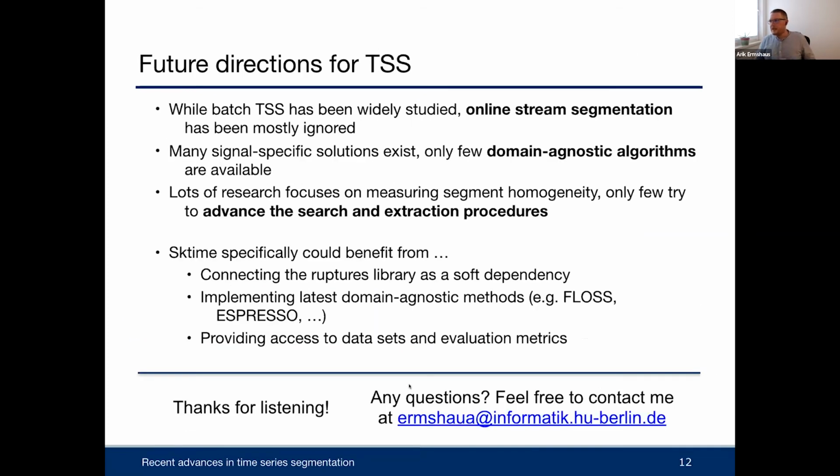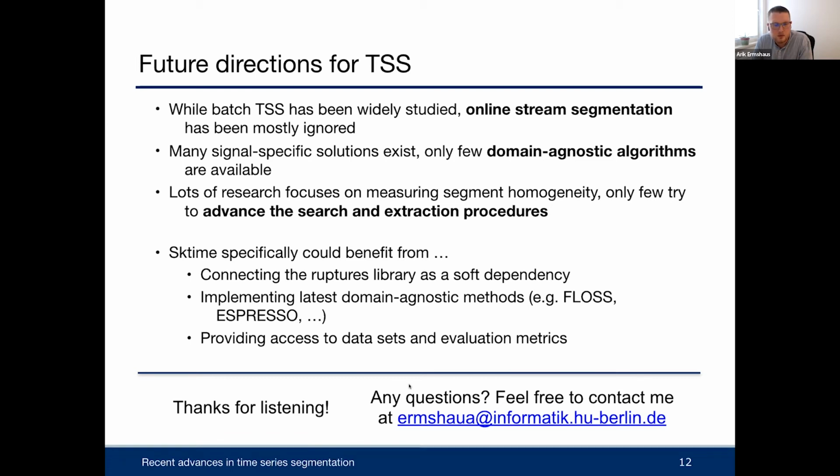As my last slide, I have the future directions for time series segmentation. So there has been a lot of research in the batch setting, where you have all the time series available, and you then conduct the segmentation, which is of course very handy from a research perspective.